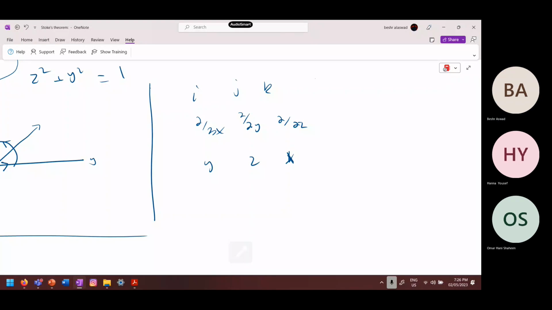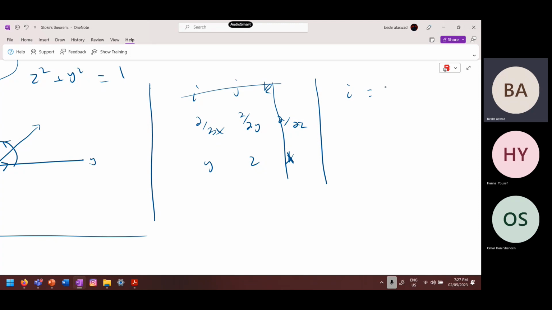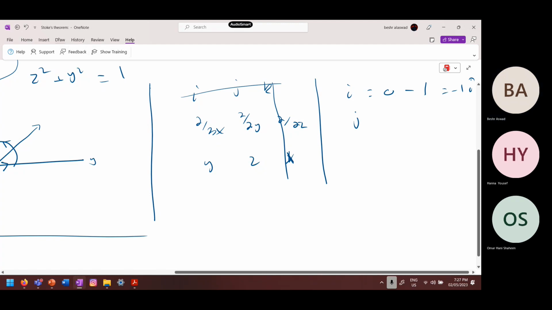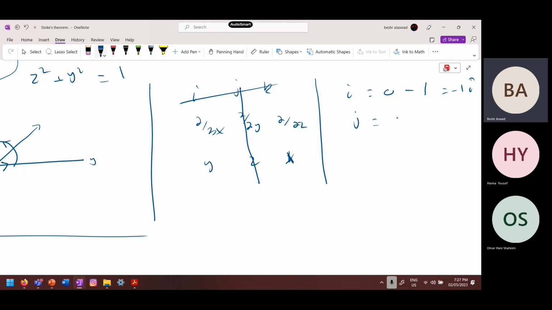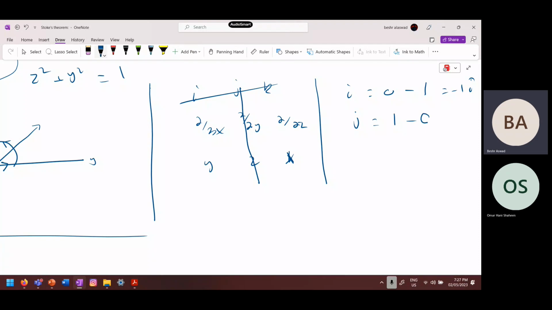Okay. For i, if you're going to apply this, partial x of 0 minus partial y of y is 1, so negative 1 i hat. As for j, partial x of x is 1, partial z of y is 0, so that's 1 j hat, and there's a negative here.